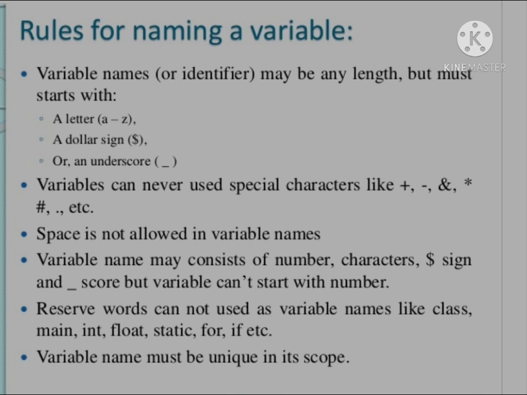Variables can never use special characters like hash, star, addition operator, or subtraction operator. Space is not allowed in variable names. We cannot use keywords as variable names, like class, main, int, and a variable name must be unique in its scope.